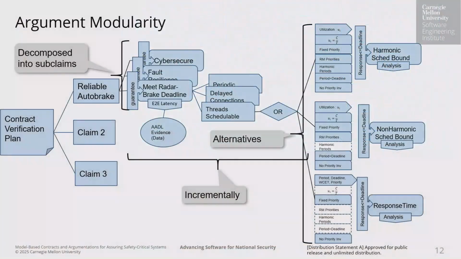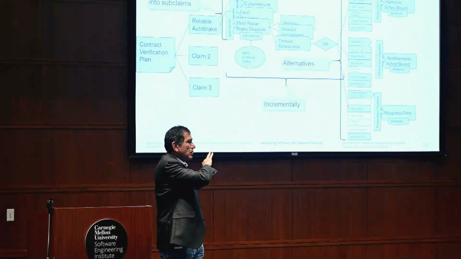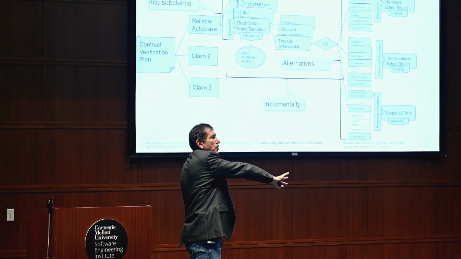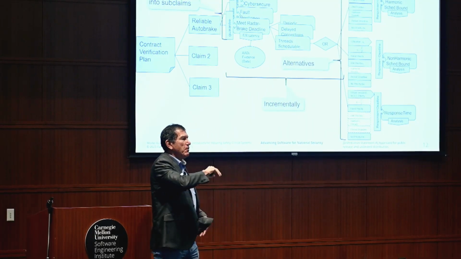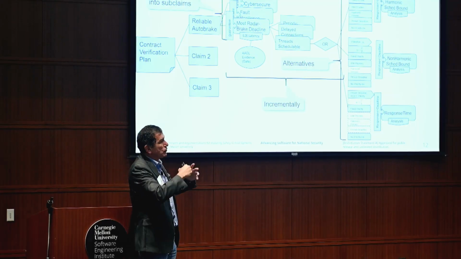Just to give you the intuition of what we are doing here, we are creating this argumentation out of these contracts that allows us to connect the different kinds of guarantees with the assumptions, how the assumptions are proven, and alternatives of how to prove different properties from different analyses. I'm just exploring one of the domains, but you can do the same with, for instance, control theory.